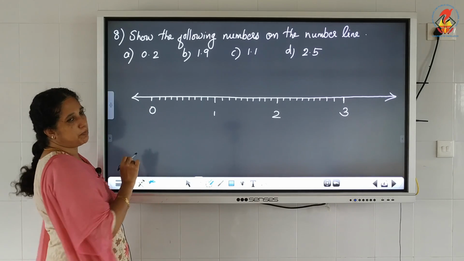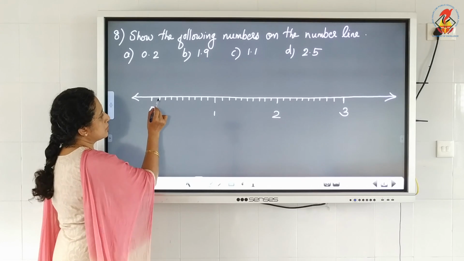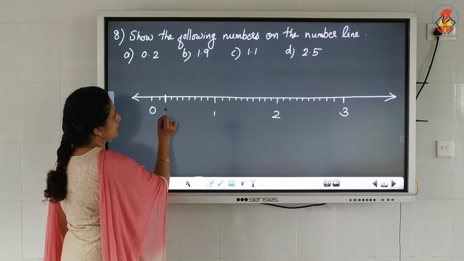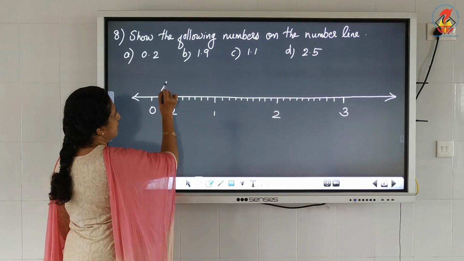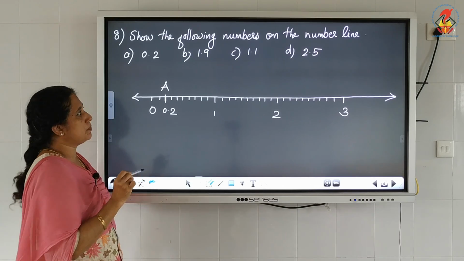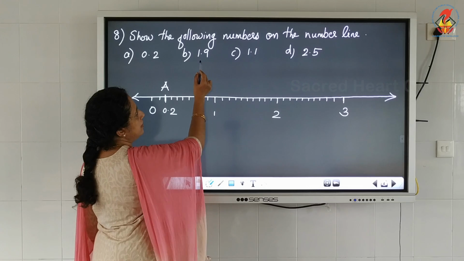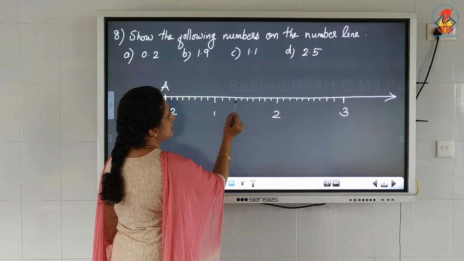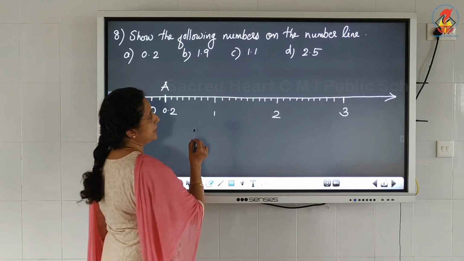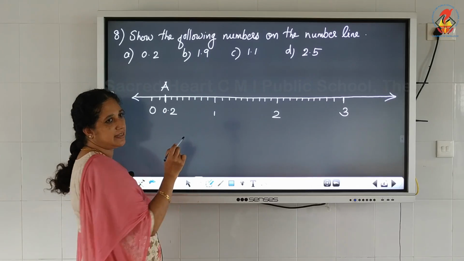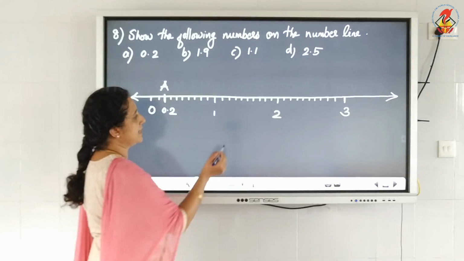Now the first one, 0.2, after 0 the second part. So we can mark 0.2. So A represents 0.2. Then 1.9, which lies between 1 and 2. The distance between 1 and 2 is divided into 10 equal parts, and after 1 you have to select the ninth part.